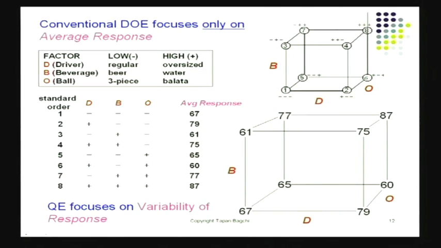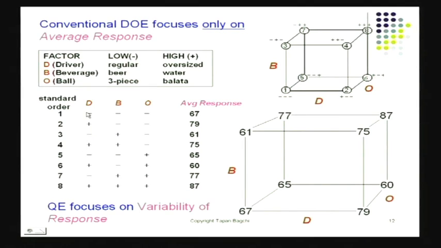Now notice here, I'm using a matrix, and the same matrix has been represented here in the DOE terminology, in the DOE system. There are 8 experiments to be run. There are 3 factors involved. Each factor has 2 settings, low and high. Notice here, low and high. And I've just marked it here with minus and plus.